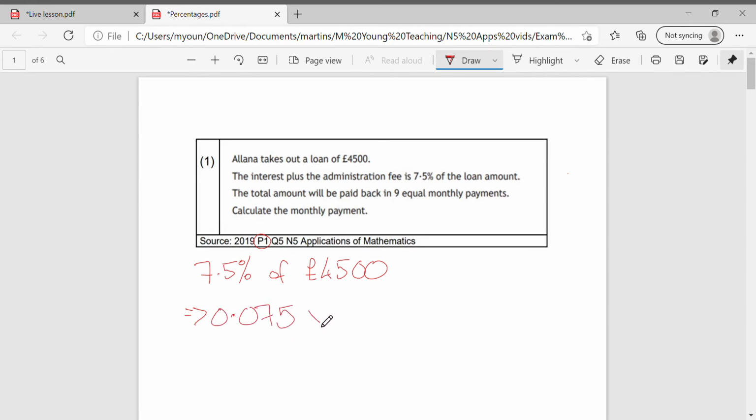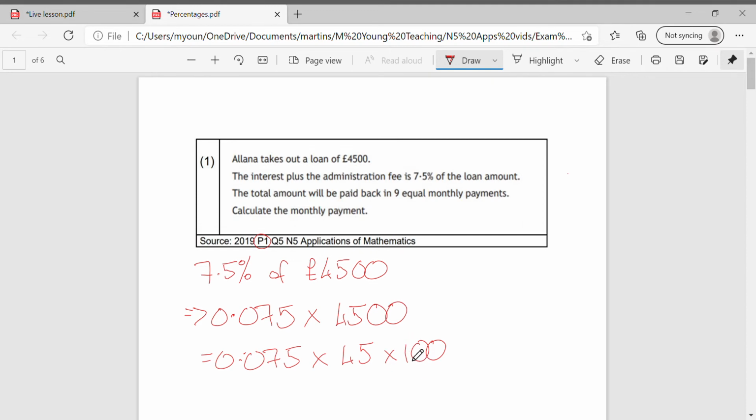And I'm going to times it by 4,500. Now, what you can maybe notice there is that that would be the same as doing 0.075 times 45 times 100. Hopefully you can see that. That's where I looked at the zeros and saw that.